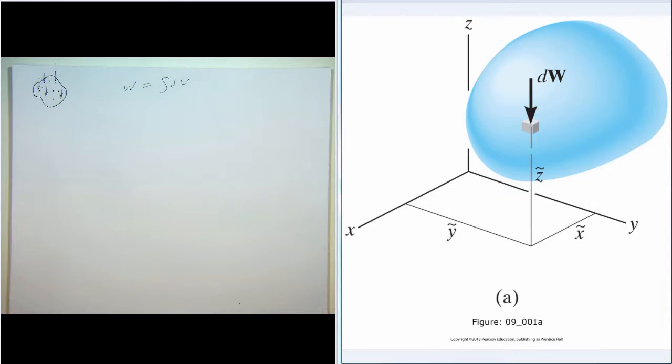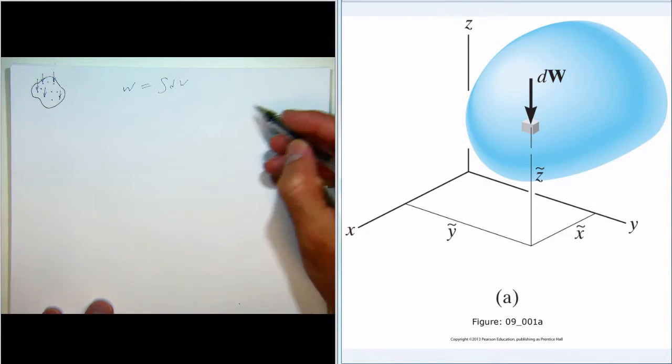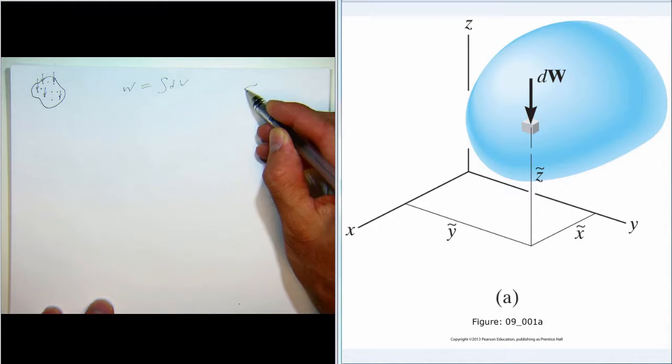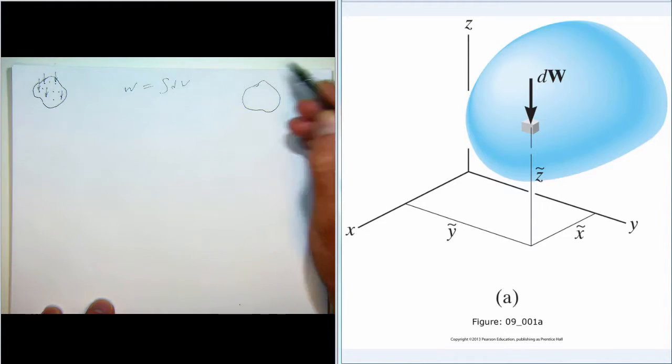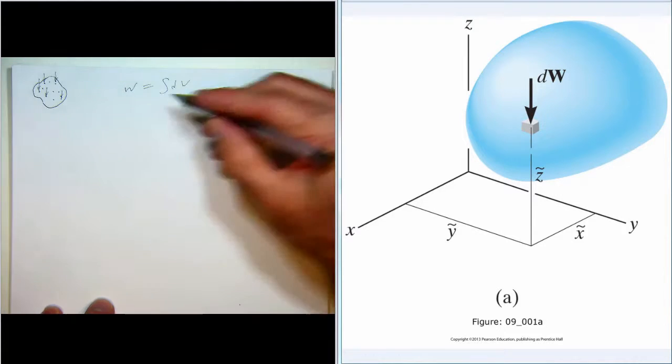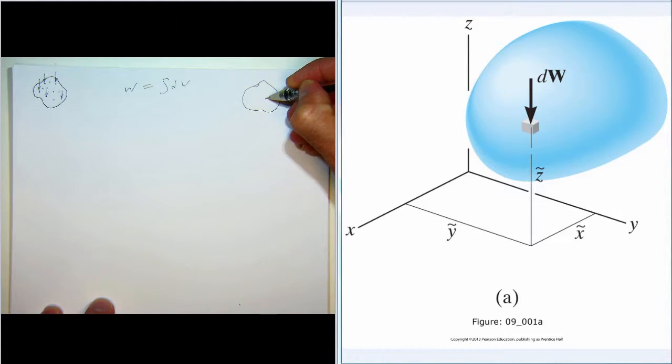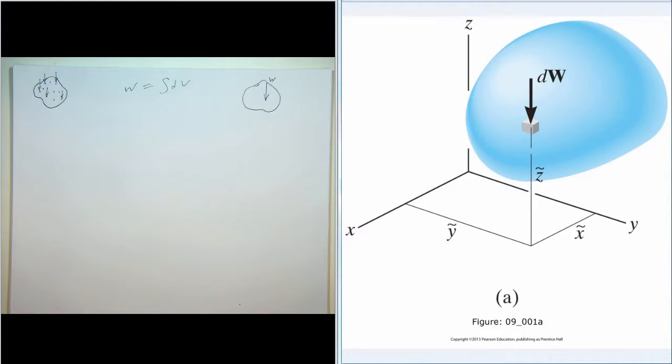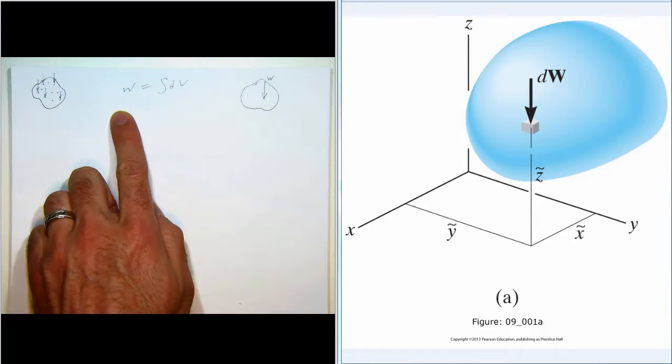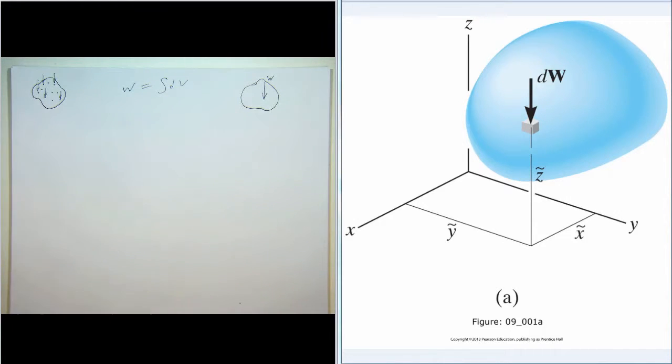And so in the manner that we learned from previous topics, when we have a system of multiple forces, we can simplify it into an equivalent force. So here this is supposed to be the same body as that. Then we can take all these smaller forces and talk about an equivalent force, and that will have magnitude of weight, which is given here. So it's the summation of all these infinitesimal weights, or the integral over the entire volume.